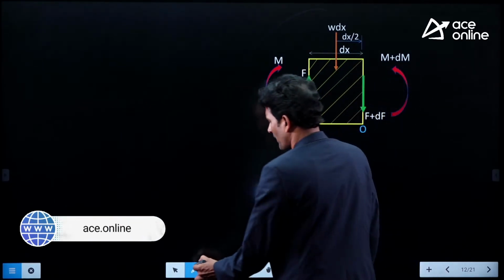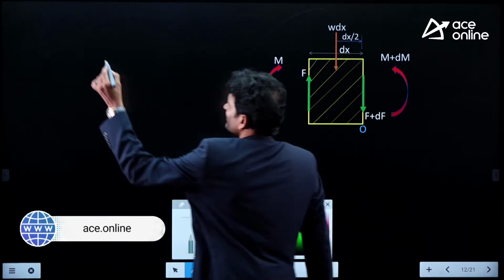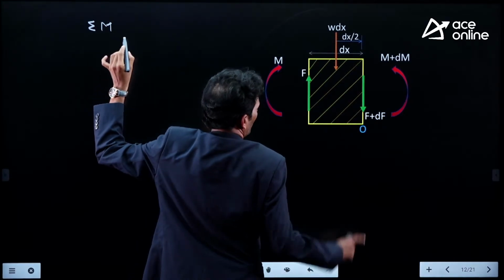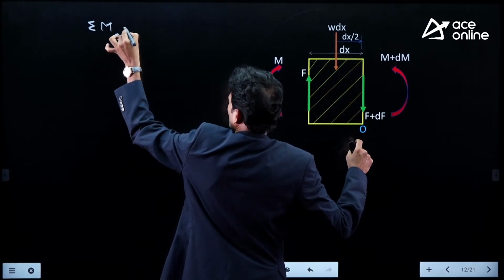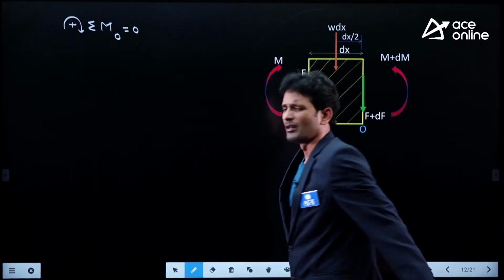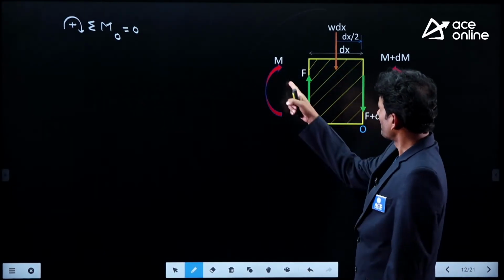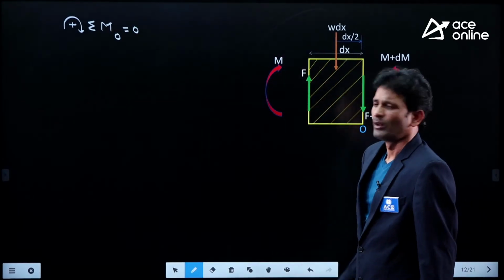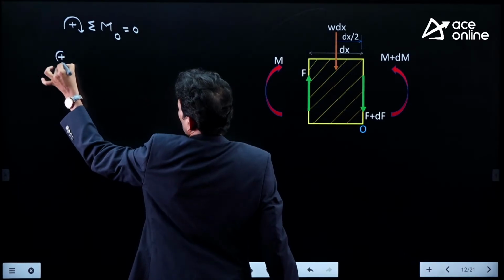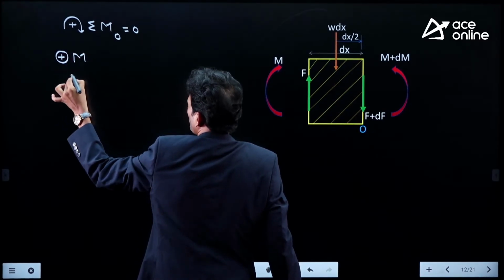Now this time I am applying the moment equilibrium condition. Summation of moments about O, I am taking, should be equal to 0. Here clockwise rotation I am taking as a positive sign. Now let me take this one. Here we are observing one clockwise moment. You can take this as a positive value, M. Why is it positive?